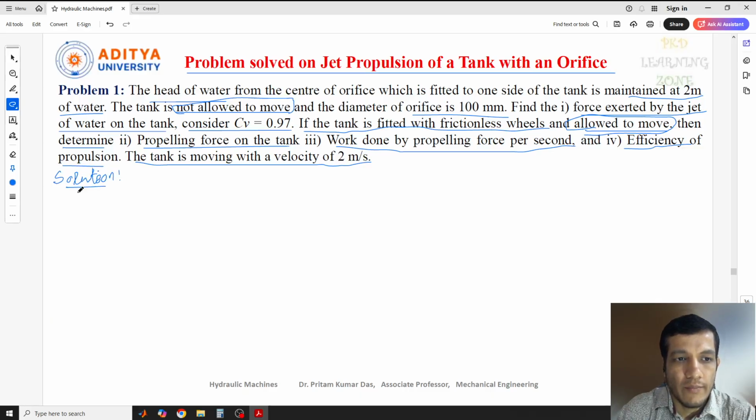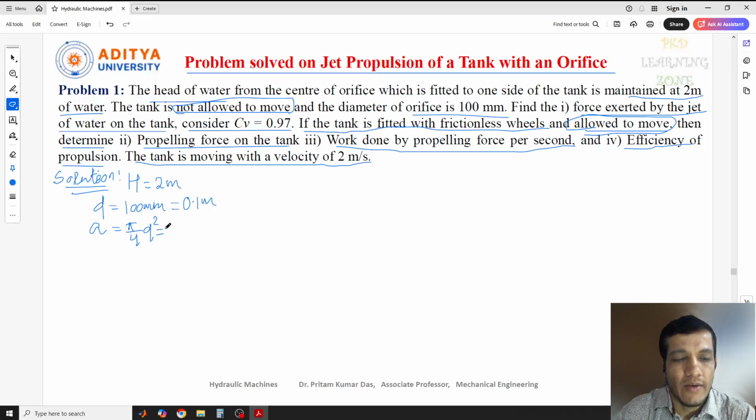In the solution, let me write out the data given. In the first line, the head of water H is given as 2 meter, and in the second line the diameter of the orifice D is 100 millimeter, which we can write as 0.1 meter. Once the diameter is given, we can find the area of the orifice, which is pi by 4 d square.